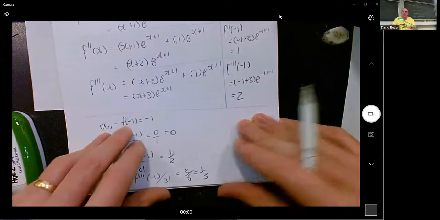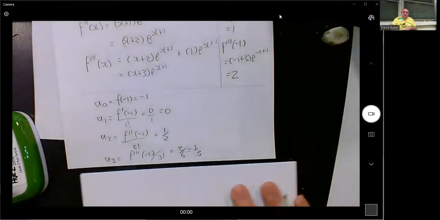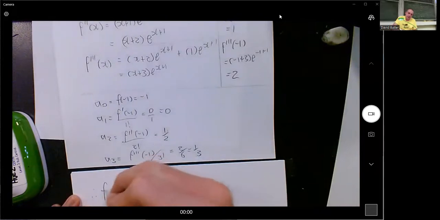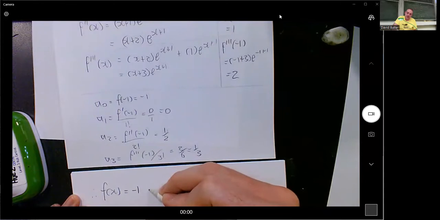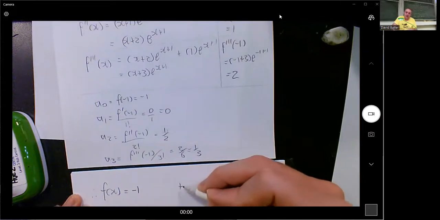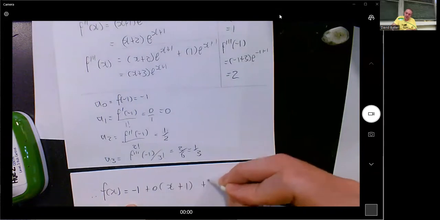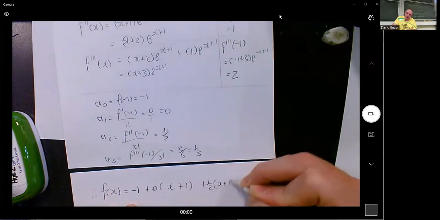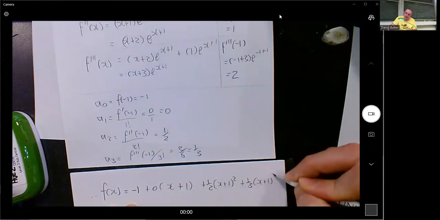And so therefore, I ran out of space. I never managed to finish these in one page. Therefore, the beginning of my Taylor series is -1 plus 0 lots of, I'm just going to put it in explicitly, 0 lots of x plus 1, plus a half lots of x plus 1 squared, plus a third lots of x plus 1 cubed.